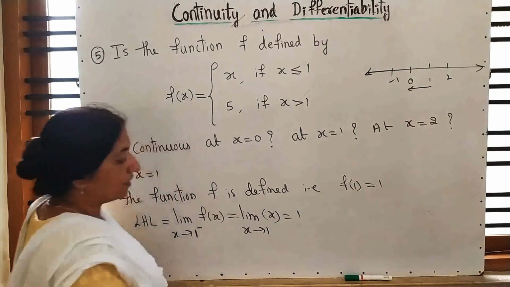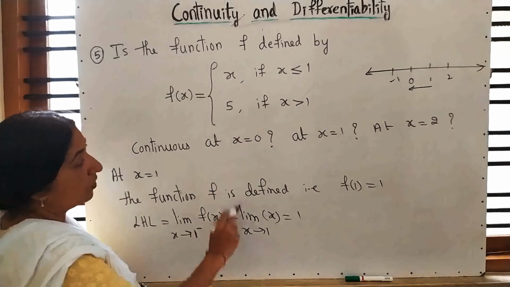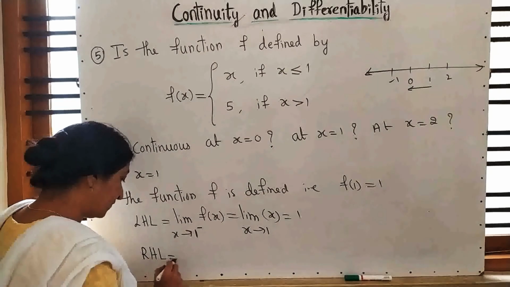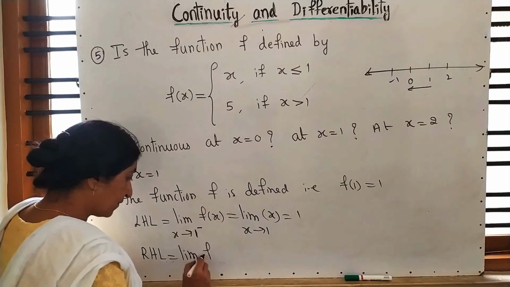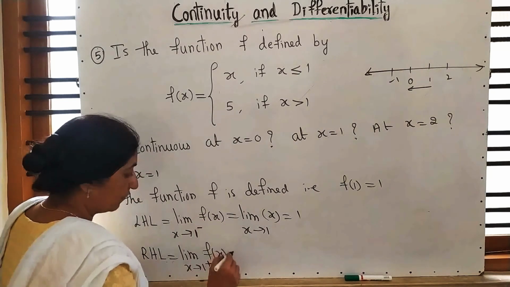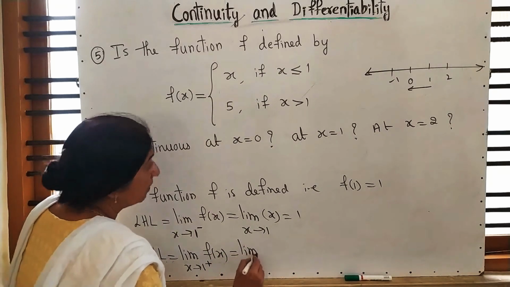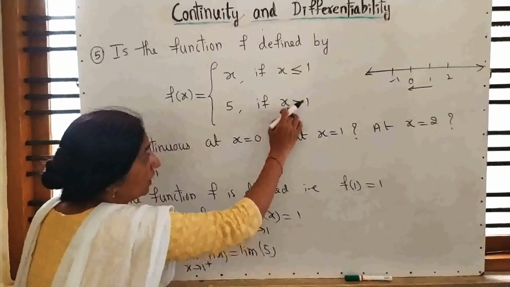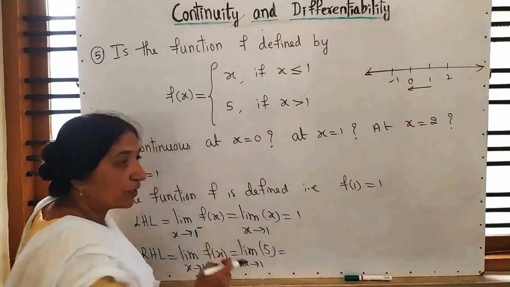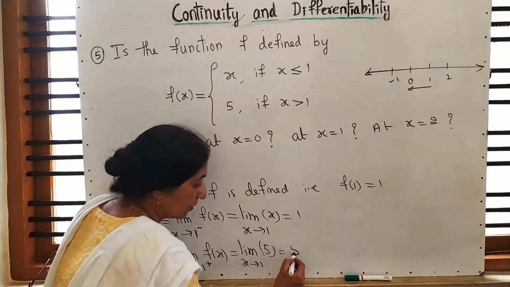Now wherever x is there, write down 1 because x tends to 1. And what about right hand limit? At that time we are writing x tends to 1 plus. Which function are you selecting? We are selecting 5 because x is greater than 1 here. And we cannot substitute this value because there is no x. This is a constant 5.